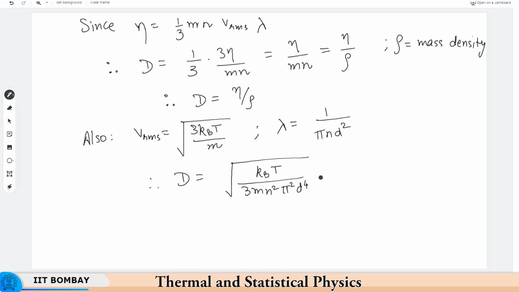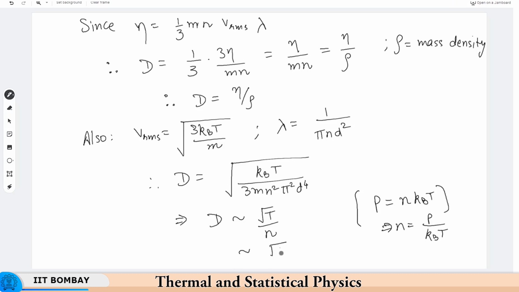I have just moved everything inside the square root. Or more conveniently I can write it as follows. Most importantly, we can see from here that D scales with the square root of temperature divided by n. And we know from the ideal gas equation P equals n kBT, where n is the number of gas molecules per unit volume, which implies n is P by kBT. So, if we just plug that here, we can see that this scales as the square root of T.